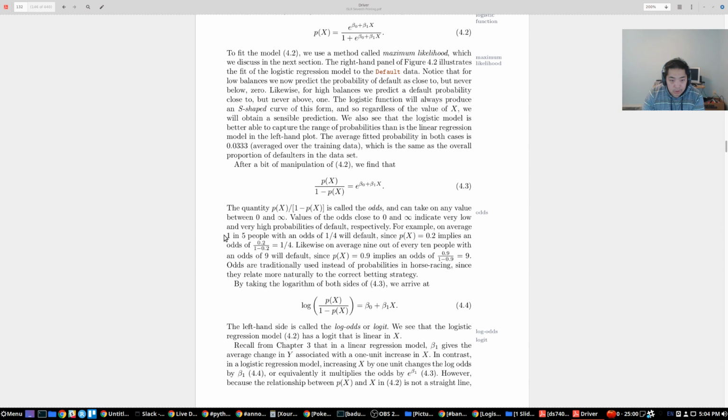For example, on average, 1 in 5 people with odds of a quarter will default, since p of x equals 0.2 implies odds of 0.2 over 1 minus 0.2, which equals a quarter.